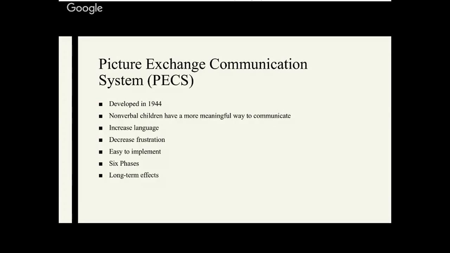It's also been shown to decrease problem behaviors, and in a long-term study by Karlop and Christie, they wanted to determine any maintenance effects of an intervention. They determined that there are long-term effects on social communicative skills in children 12 months after treatment has been discontinued.